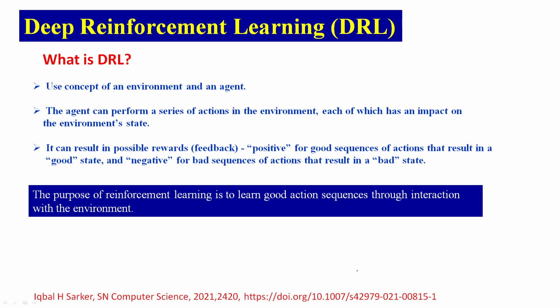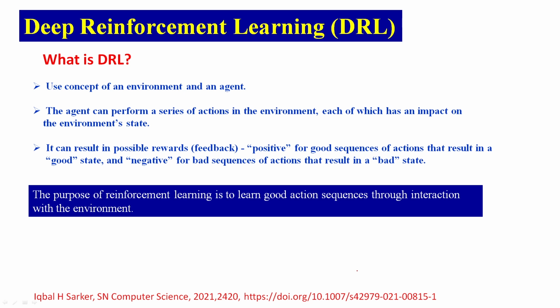But then what is deep reinforced learning? Well, this is also using the concepts of environment and agent. The agent can perform a series of actions in the environment, each of which has an impact on the environmental state. That is what we talked about, right. The agent will perform a lot of actions in the environment, and these actions will have an impact on the environmental states. Like it can obviously result in rewards, the feedback can be positive or it can be negative.